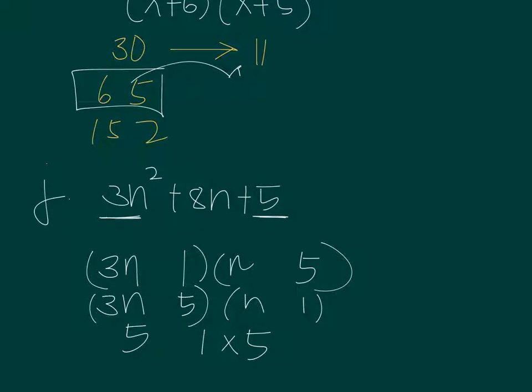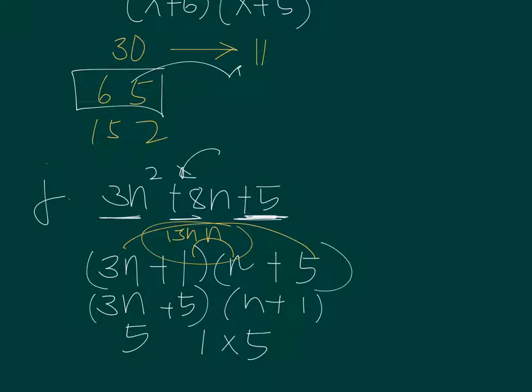So how do you check? First, we have a positive 5 and positive 8n. So it means you have to have the numbers with the same signs, and the sign should be positive. So how do you check which of the two is the correct factored form? We do the outer and the inner. So this is 1 times n is n. 3n times 5 is already 15n, and that's already above the value 8n.